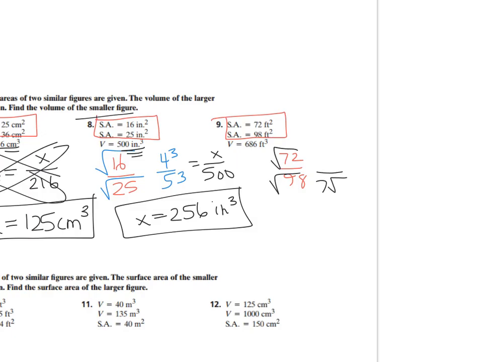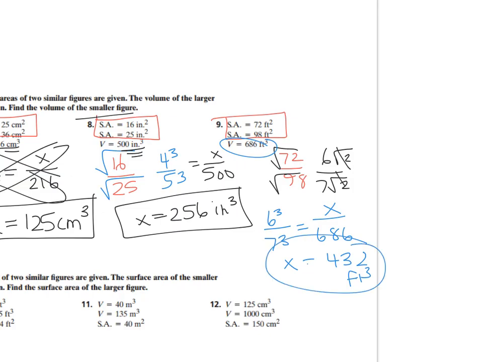This one's 7 root 2. This one is 6 root 2. These two cancel out. I probably did that a weird way. So I know the volumes are 6 cubed over 7 cubed. 686 needs to go down here. This is x. And I cross multiply and I get x equals 432 feet cubed.